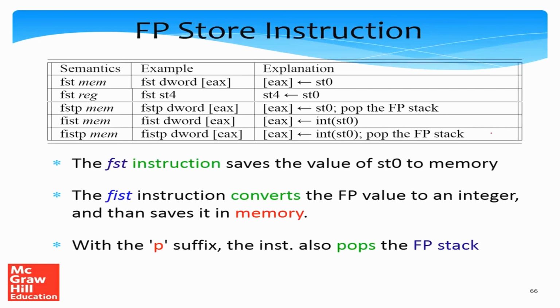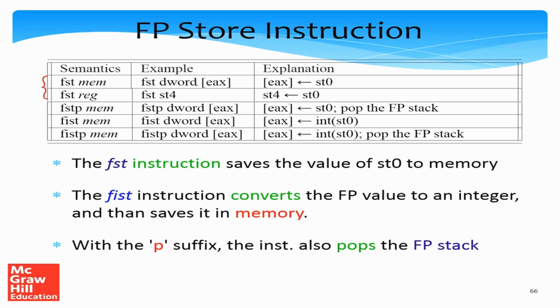So now that we have taken a look at load instructions, let's take a look at floating point store instructions. Similar to an FLD, we have an FST. It does exactly the same thing. So let's take a look at the two variants of FST that we have.